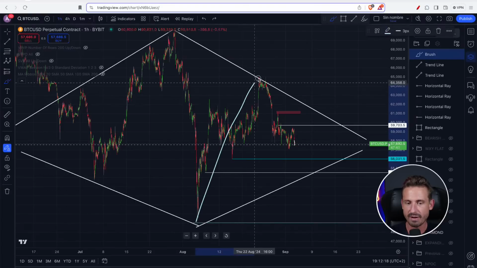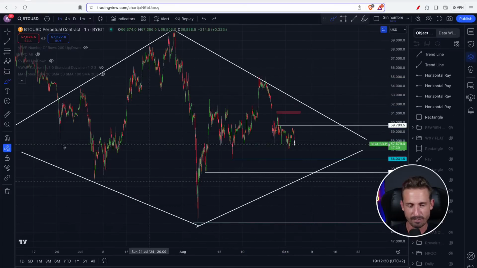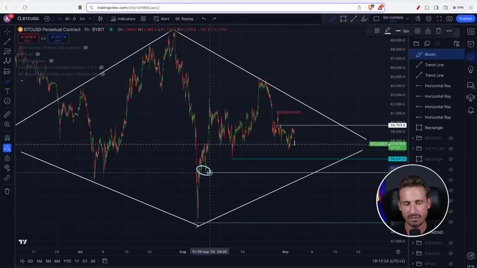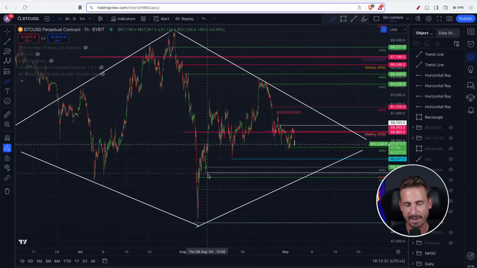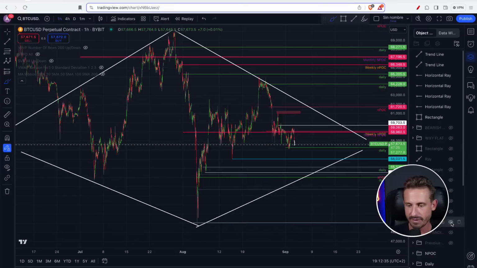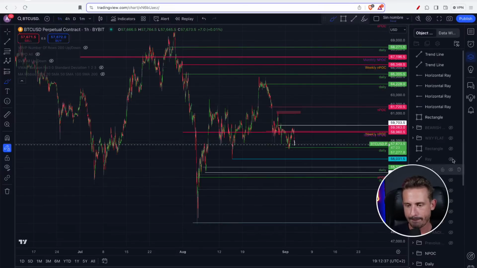It's the 618 from this move. You got the diamond pattern possibility. You got the pivot low for an SFP. You got a daily level and a naked point of control at that zone as well. It's just such an epic level. The $54,500. It's a higher time frame level. So yeah, very, very nice level indeed.